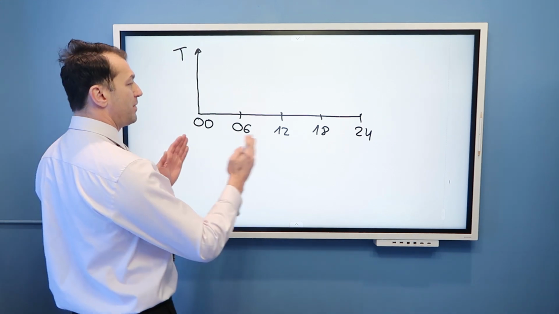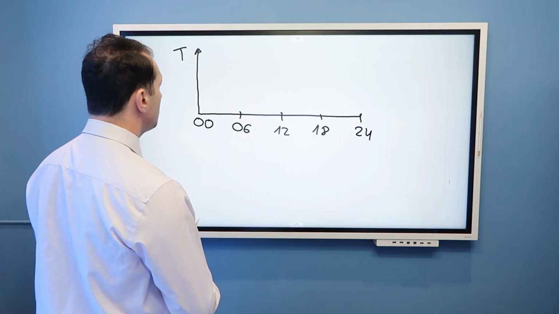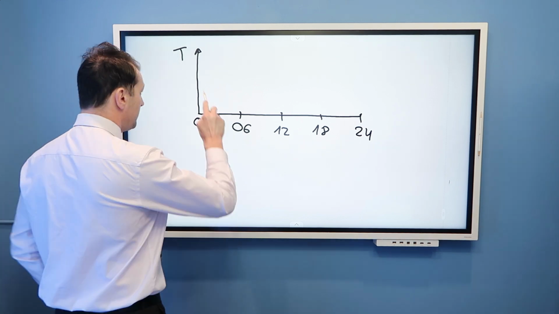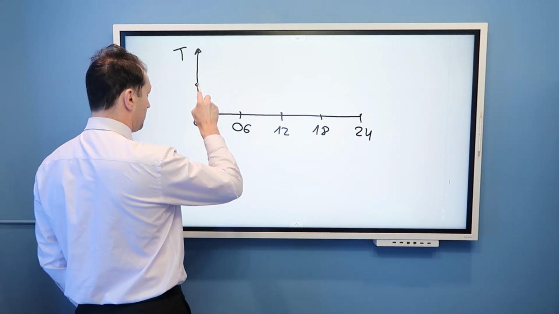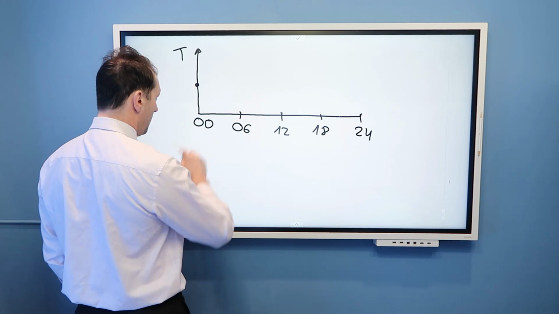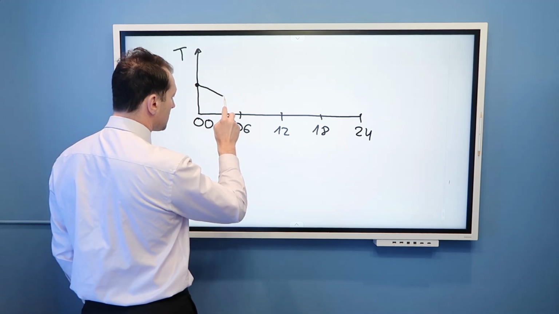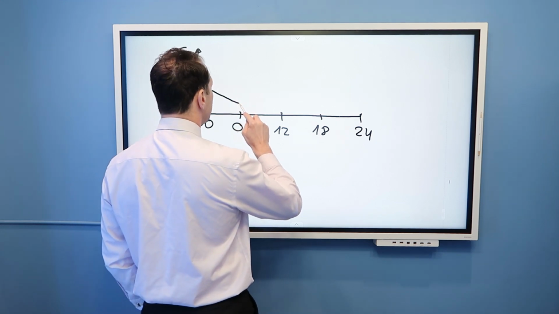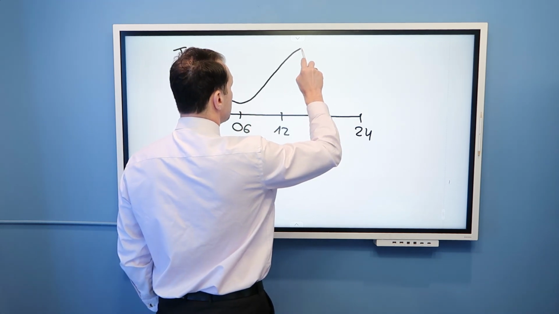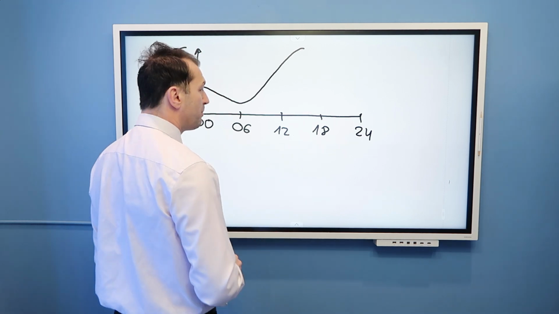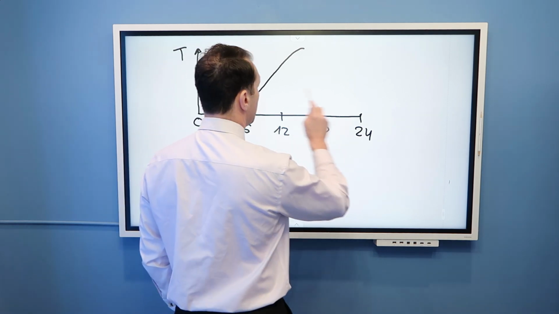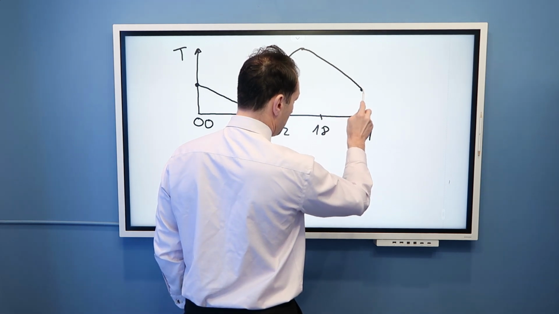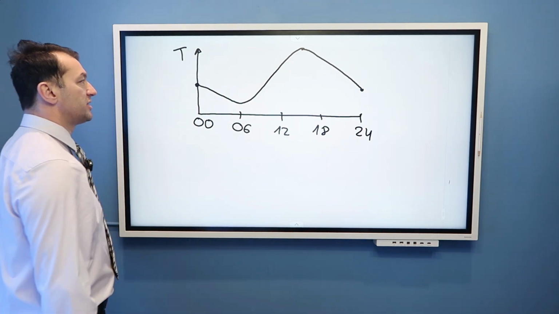Now, how would temperature vary in an idealized condition without wind throughout the day? Well, if we start with some value of temperature at midnight, let's say here, then the temperature will decrease until sunrise, and then it will start increasing, reaching maximum at around 4 p.m. local time, and then it will decrease, again reaching, let's say, the value that it had previous midnight.